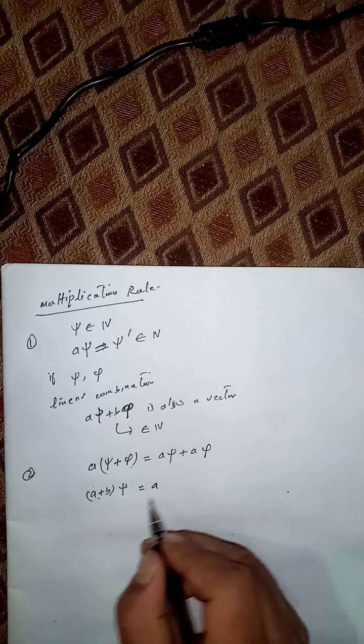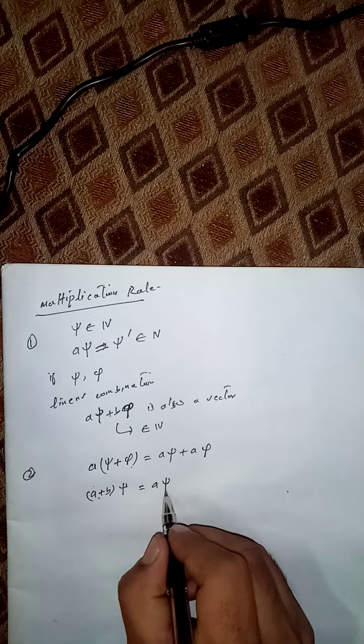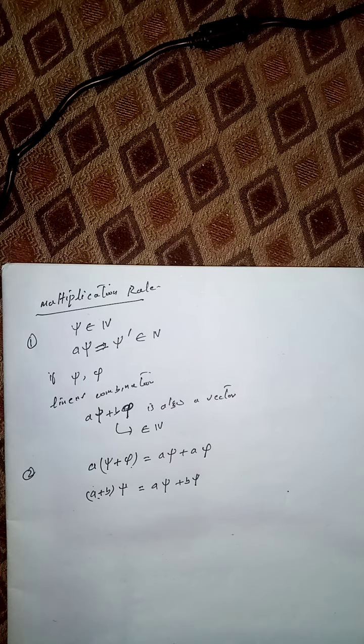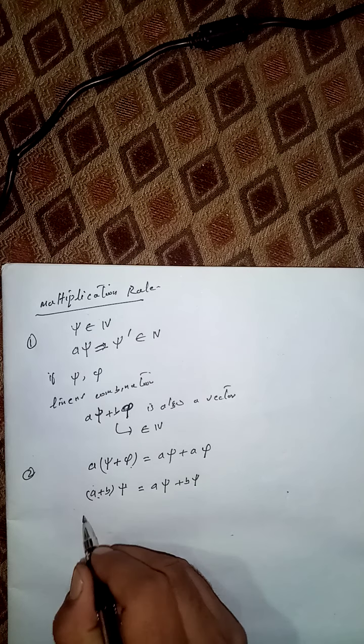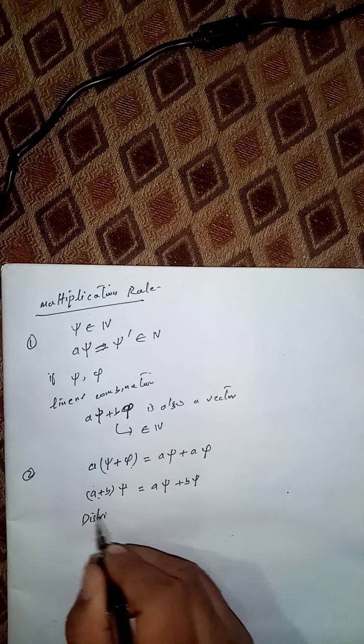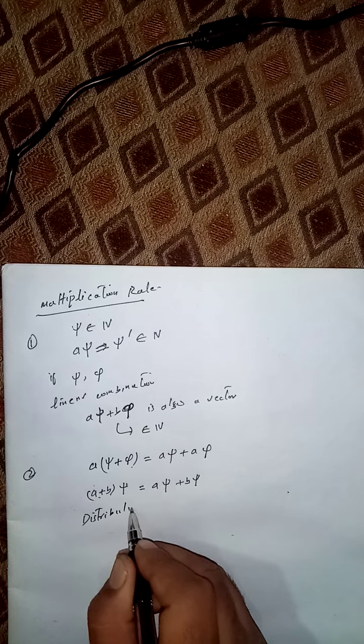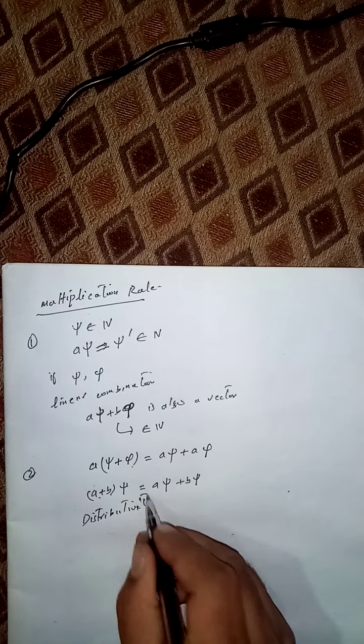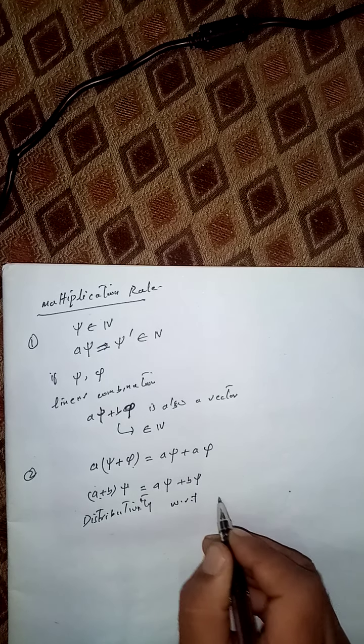This is equivalent to individually multiplying the scalar with the vector, and this property is called distributivity with respect to addition.